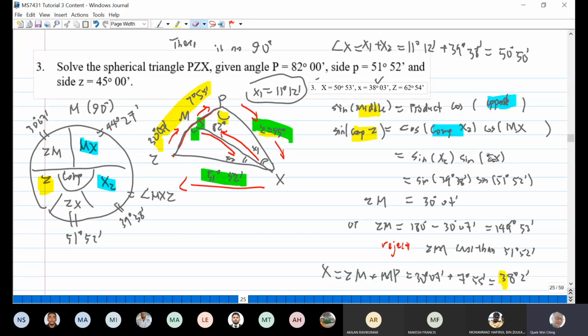This one is the same as before, cos x/2, but this one is cosine of MX now. MX is 44 degrees 27 minutes.